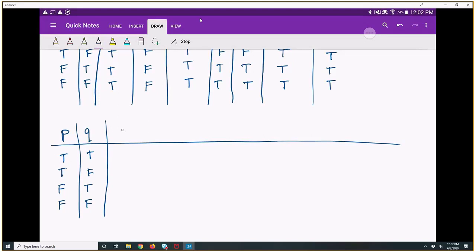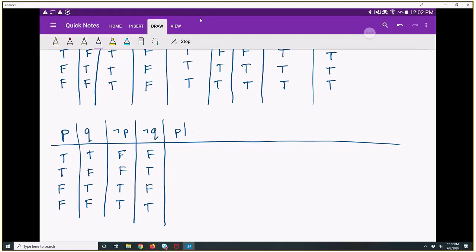Let's go ahead and put in not P and not Q, just for future reference. So that's false, false, true, true, and false, true, false, true. And I'm going to put this stroke in as well, just for future reference. So the Sheffer stroke is true and true is false, true and false is true, false and true is true, false and false is true.